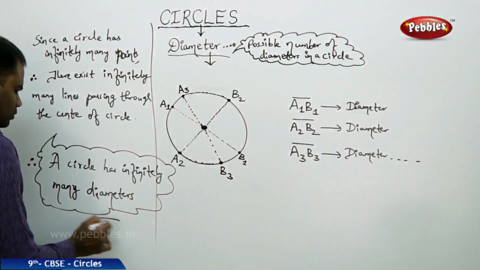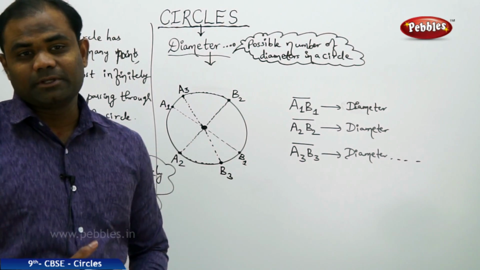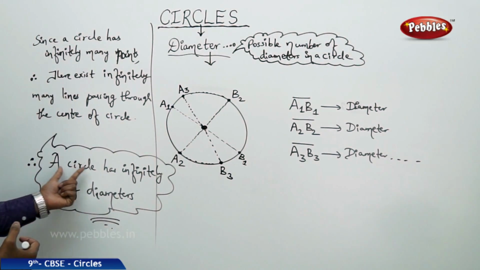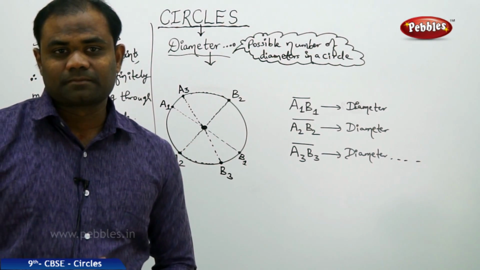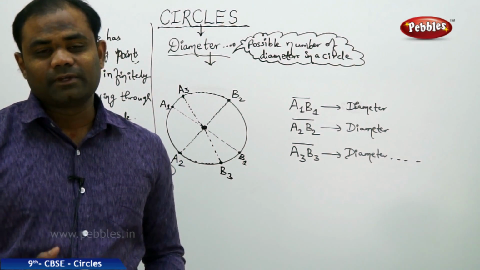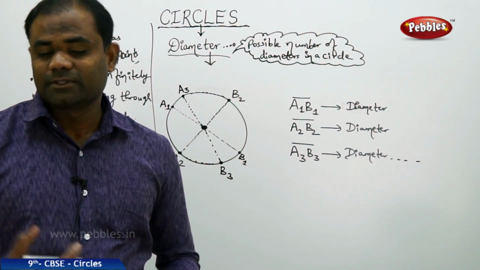So this is the conclusion we make in case of number of diameters. My learning outcome, a circle has infinitely many diameters, is what we come into investigation of diameters of a circle.